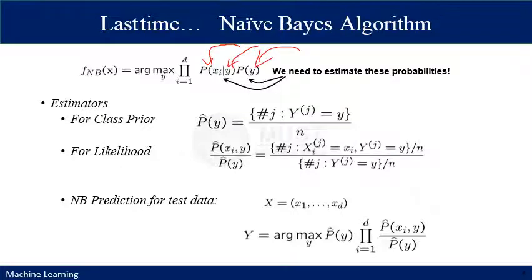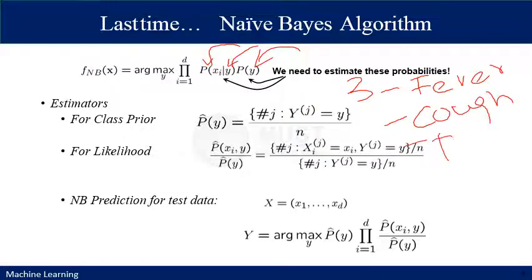Once again I will elaborate with the help of an example. Let's take an example to predict a disease or a particular patient's test. Let's say we have three input features: number one fever, number two cough, and number three fatigue.